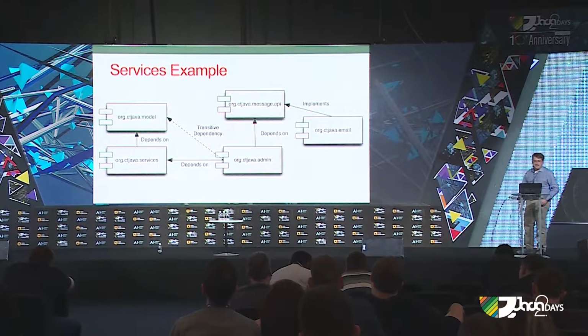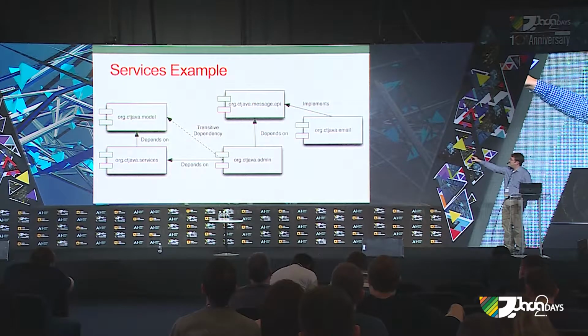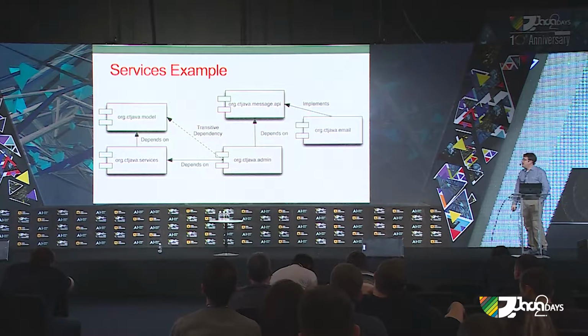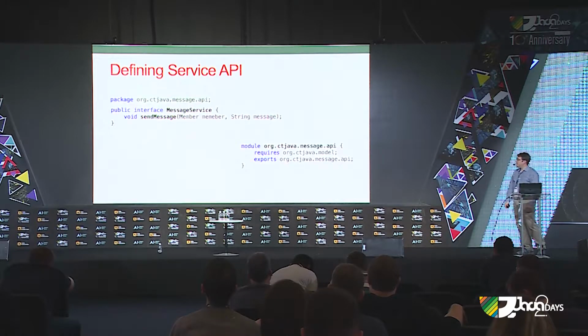So this is an example here where I've got a messaging API, and I've got an implementation of it. When you start up the application, you provide the implementations of the service, and then it can be dynamic, then it can be invoked.